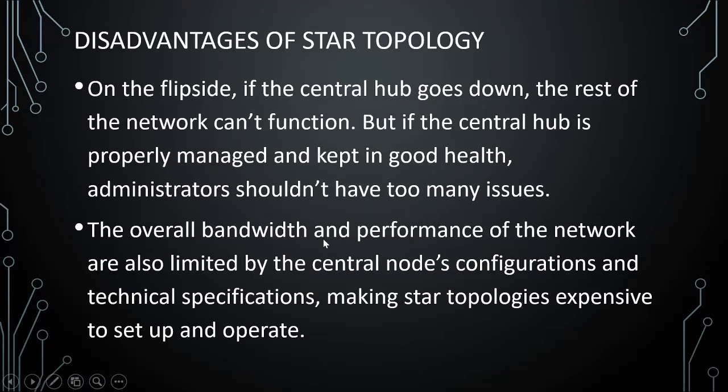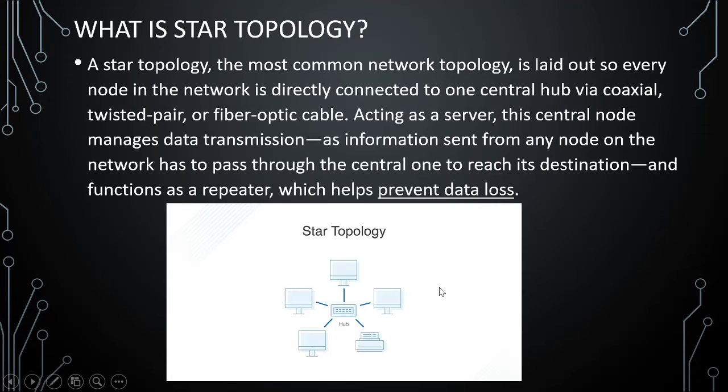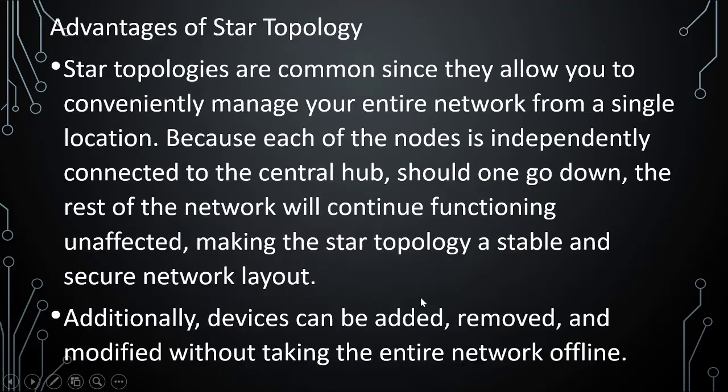The overall bandwidth and performance of the network are also limited by the central node's configuration and technical specifications, making star topologies expensive to set up and operate. This means that if this switch, the central node, fails, the rest of the computers can no longer connect to each other, or there is no handshaking.